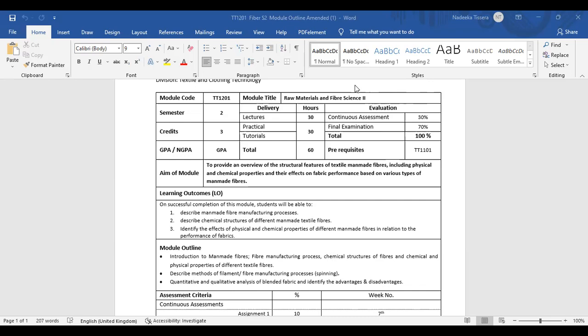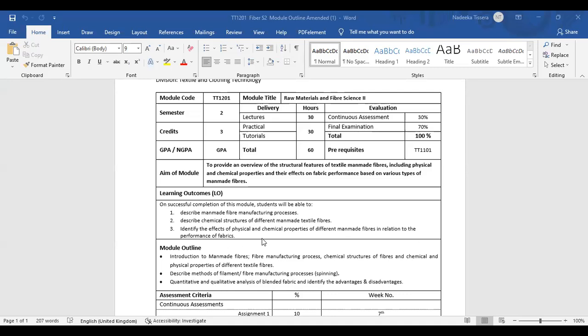Now, if you go back to our module description, at the end of this module, the third learning outcome is that you should be able to identify the effects of these physical and chemical properties of different man-made fibers and how they contribute to the performance of the fabric.